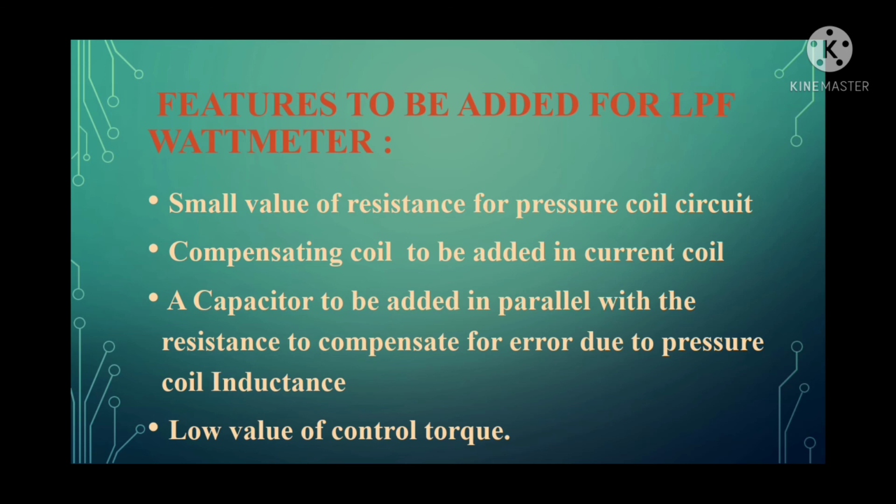So to eliminate such effect, we reduce the control torque to a lesser value, so that it will compensate for the deflecting torque that is developed in the meter. So these are all the 4 features that we have to add to an electrodynamometer wattmeter to act as a LPF wattmeter.